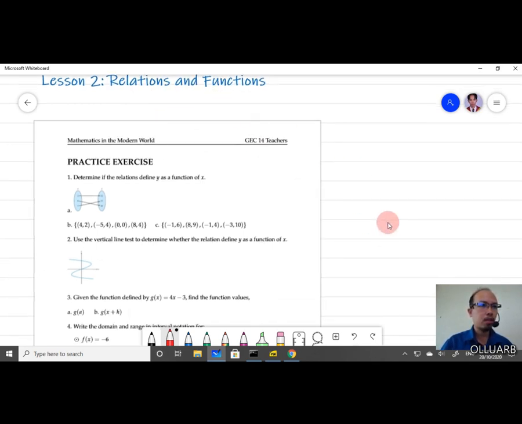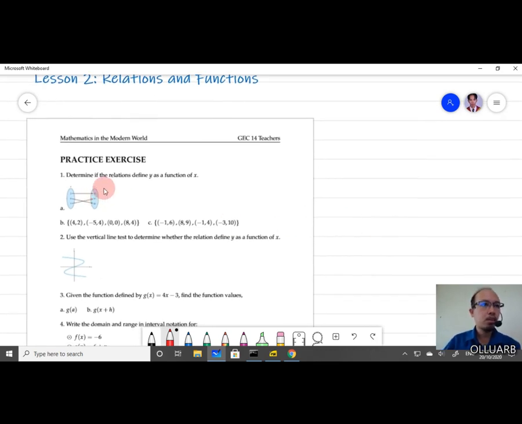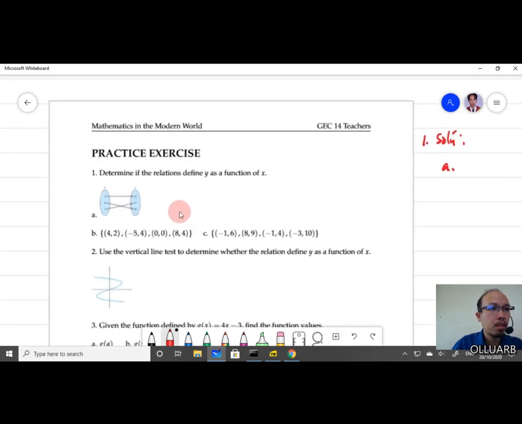So for number 1, as you can see here, you are going to determine if this relation 1a, b, and c is defined as a function of x. For number 1 solution, letter A, this problem falls on the topic functions or relation described by a diagram.